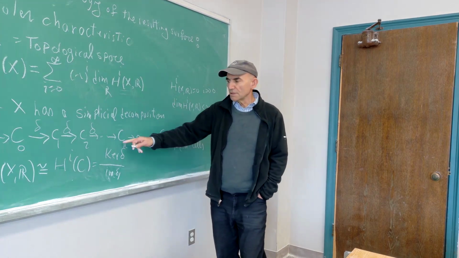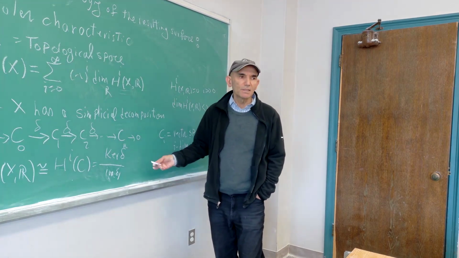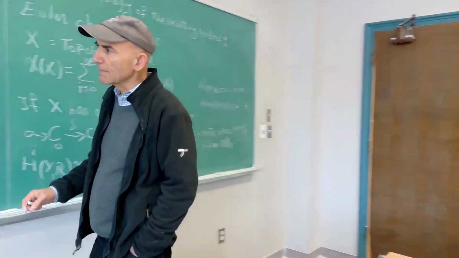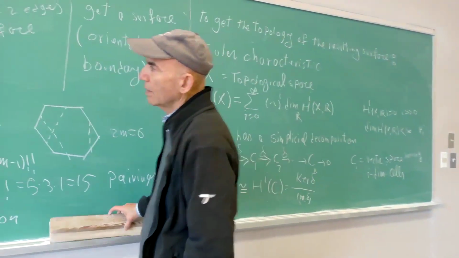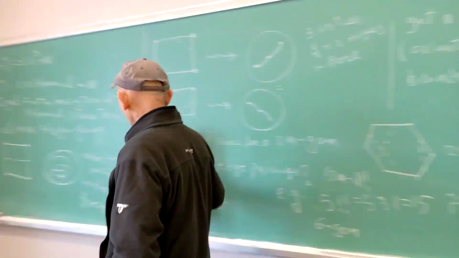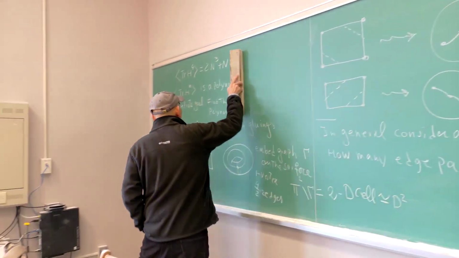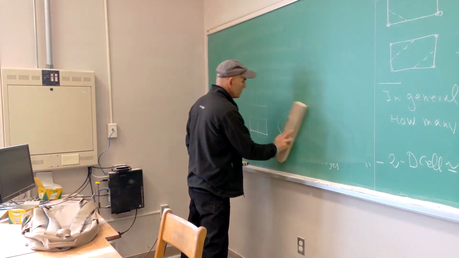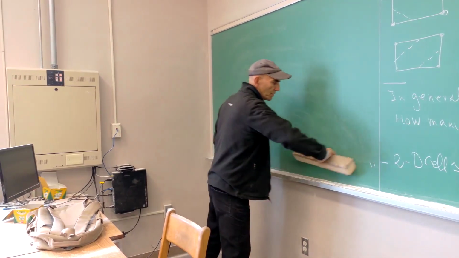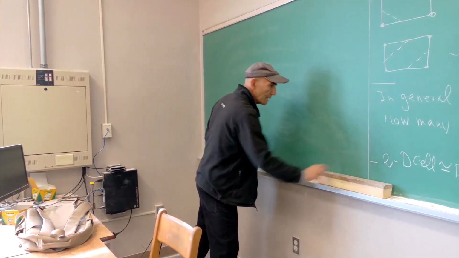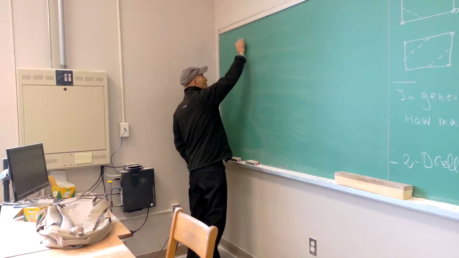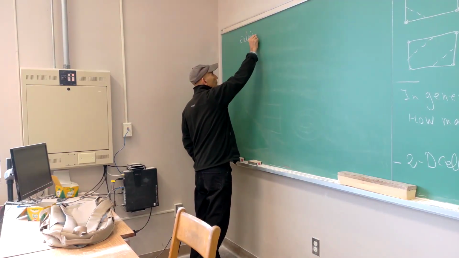The good thing about this approach is that you can immediately prove Euler's theorem in this general case. Euler has a nice theorem, which was proved in the middle of the 18th century, but then it was generalized by Poincaré. So then we have Euler's formula.